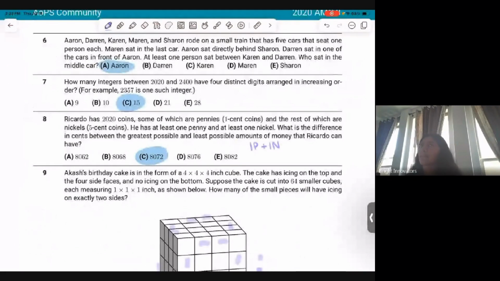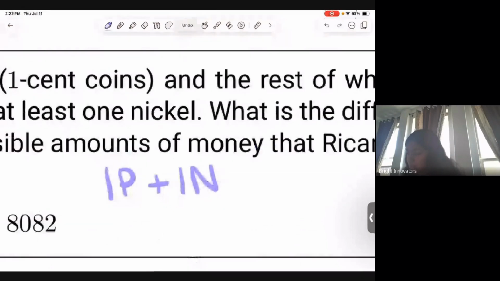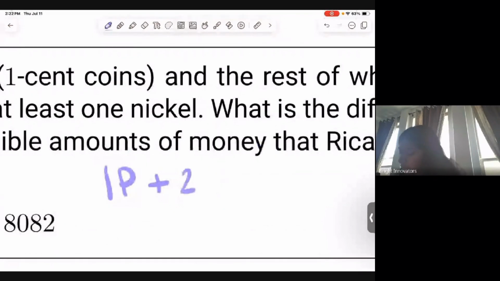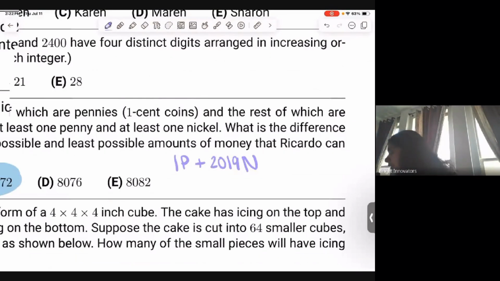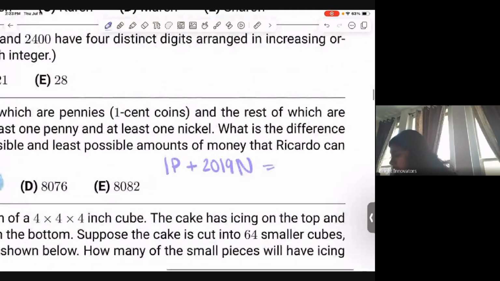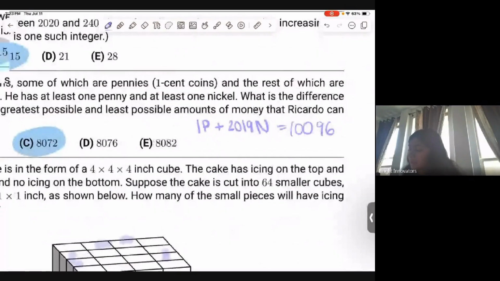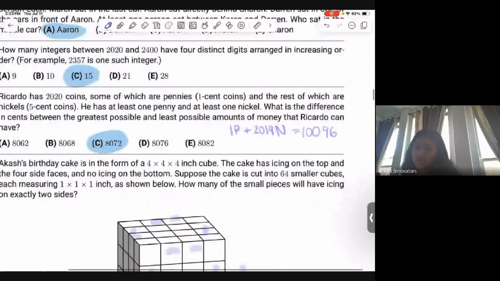So the greatest possible amount would have the most nickels. And because 1 penny is already there, then the rest of the coins, which would be 2019, would all be nickels. So then if you add all that up, you get that. And then the smallest amount would be just using pennies.